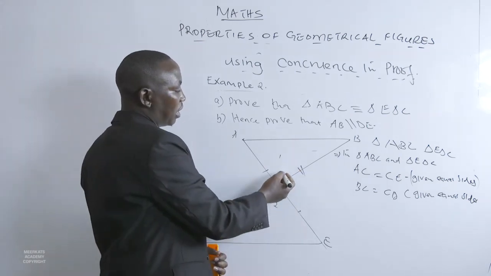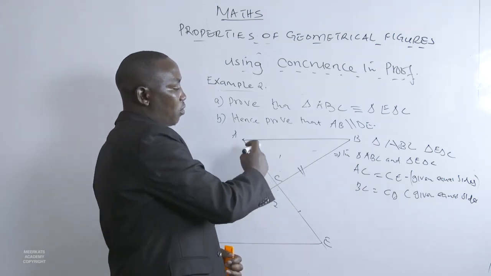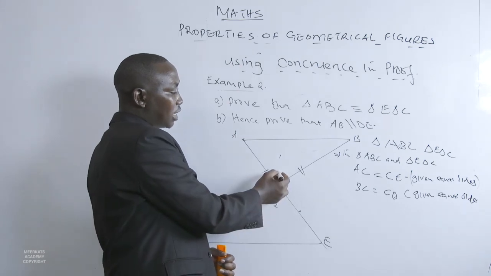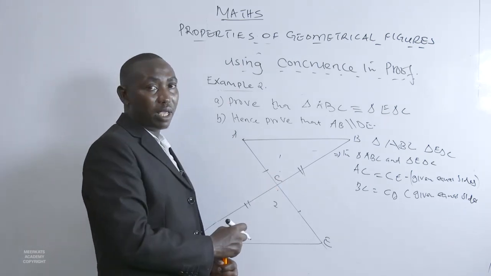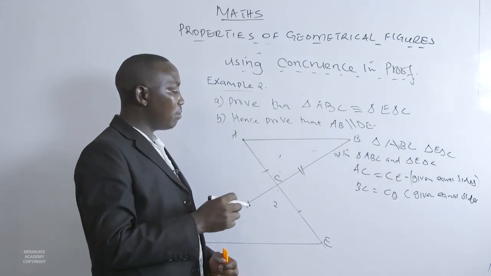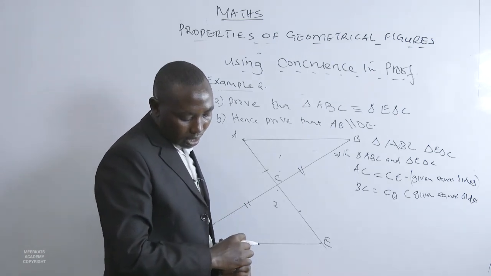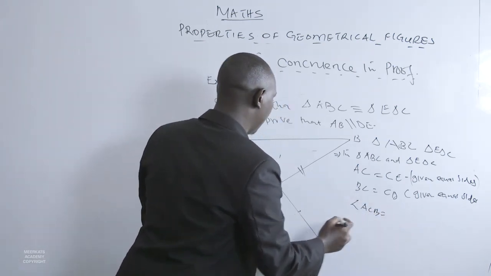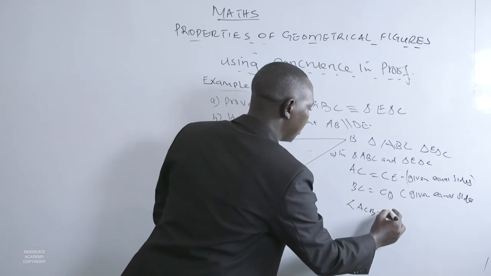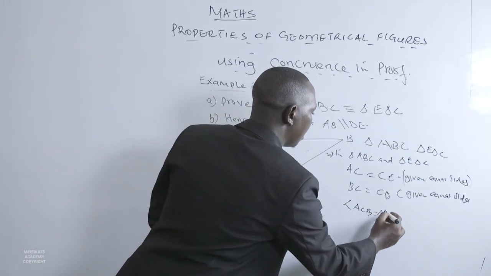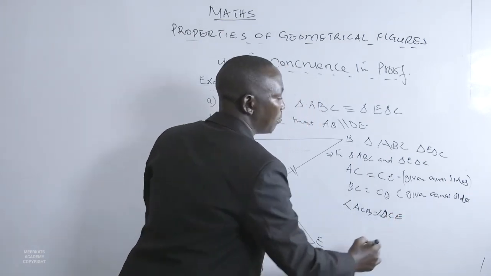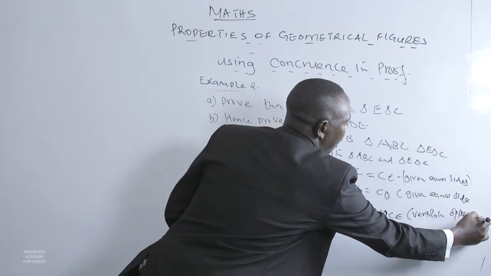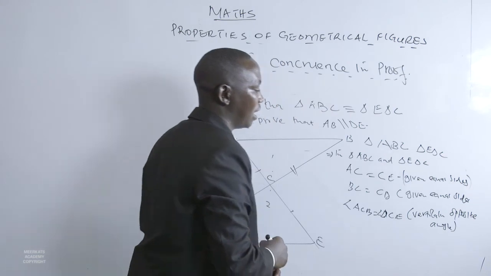What can you tell us about this particular angle? Given that they meet at this particular point, this angle and this angle are equal by virtue of being vertically opposite. So angle ACB is equal to angle DCE. Reason: vertically opposite angles are equal.